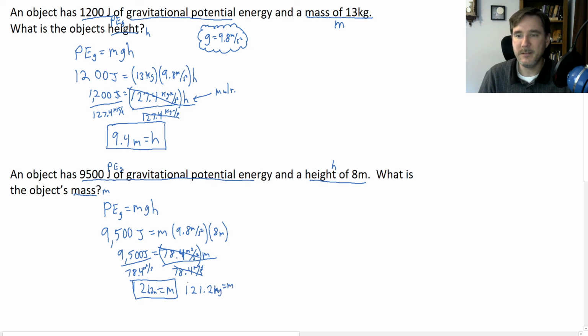Man, I'm just messing this up left and right. All right, so I don't like that at all. And you know what? I'm going to redraw my box because I screwed that up a lot. See how making it nice, or legible, is going to be very helpful. So 121.2 kilograms is our mass once the units cancel out.